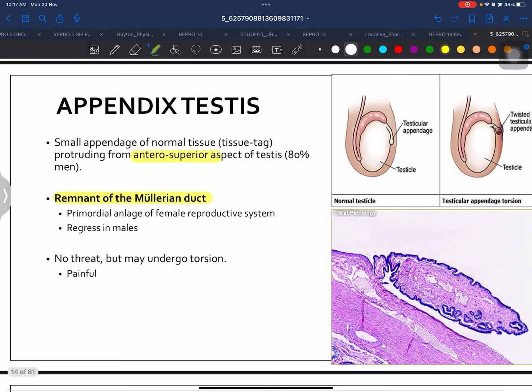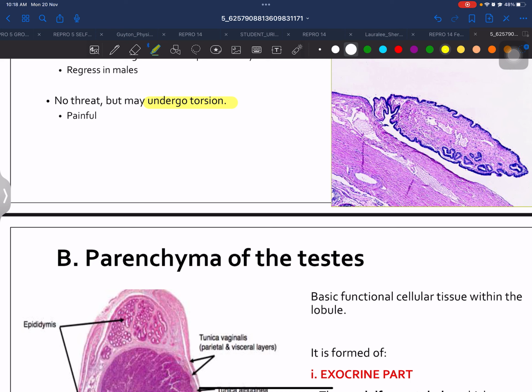In some males, this Mullerian duct remnant persists. In some conditions, this remnant can twist. When it twists, the person will feel pain. Usually this occurs in younger males, just starting puberty. This condition is not treated, but it can cause painful conditions.